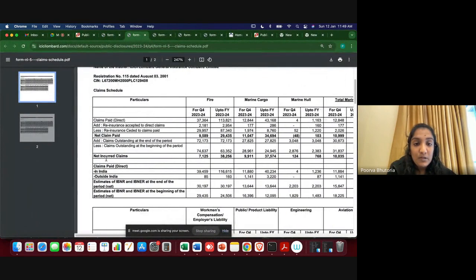So claims outstanding at the end of the period has two components: claims that you know of and are outstanding, and claims that you don't know of, but the actuary has told you, I know there's a claim somewhere that you don't know about, and for all these claims, the IBNR figure is so and so.